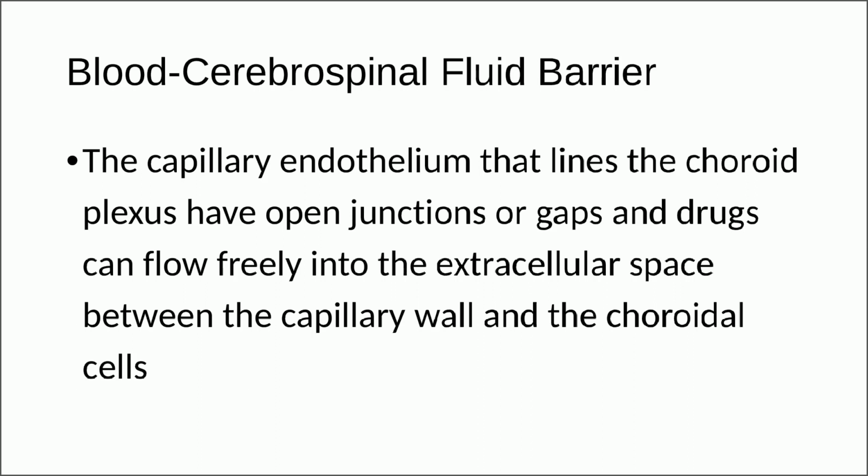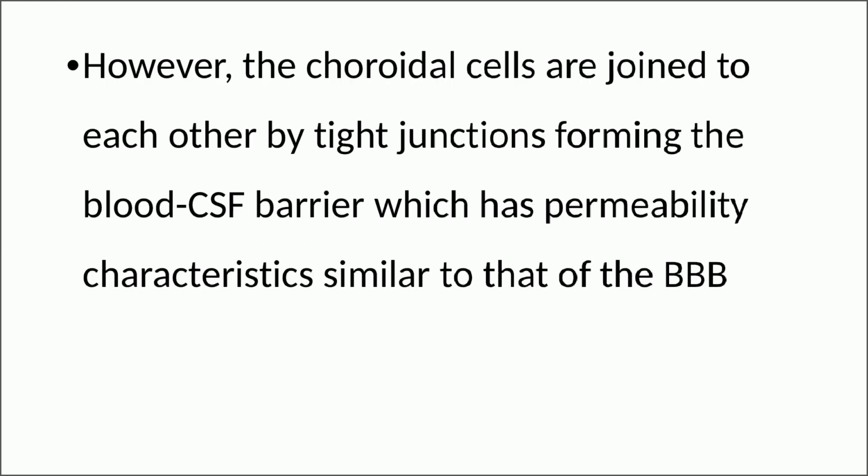Again, this is a very highly specific physiological barrier, and it is mainly present in the spinal cord region. However, the choroidal cells are joined to each other by tight junctions, forming the blood CSF barrier, which has permeability characteristics similar to that of the blood brain barrier.